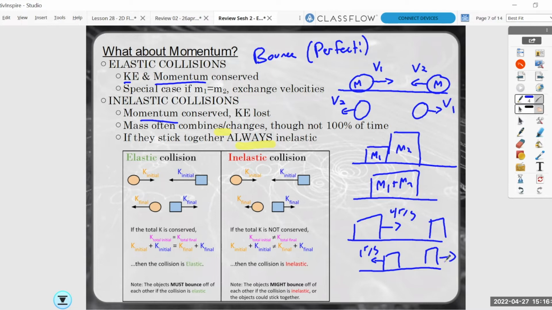Just mind your pluses and minuses here. This comes up quite a lot where this object goes from +4 to -1. That's a change in velocity of -5 because it went from 4 all the way down to -1. So do be cautious about those pluses and minuses.